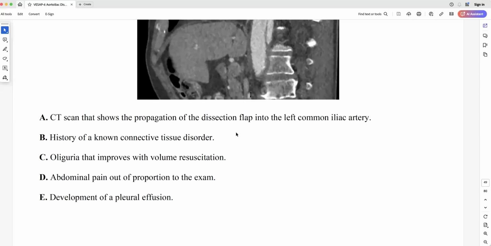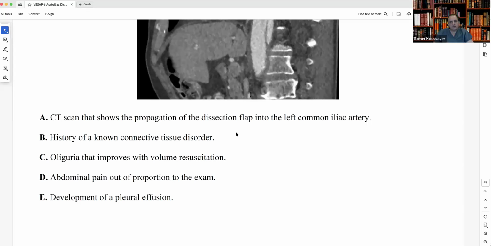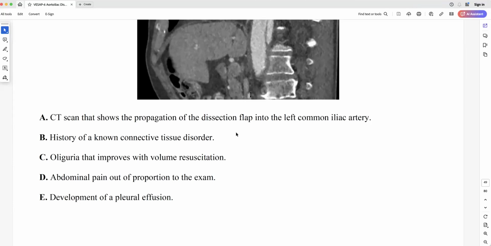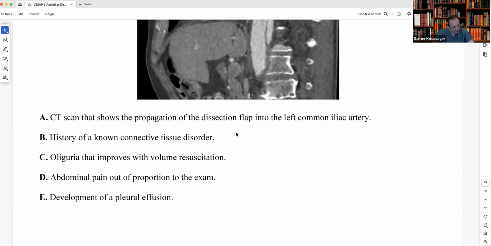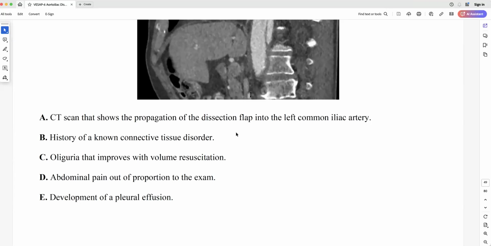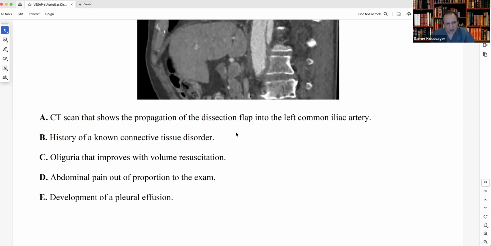I have a question, Dr. Sam. Yes, please. In case of malperfusion, we are going to do emergency TEVAR to close the entry site of the dissection. Correct. For example, if he has pain out of proportion, are we going to evaluate the bowel surgically at the same time, or should we wait?